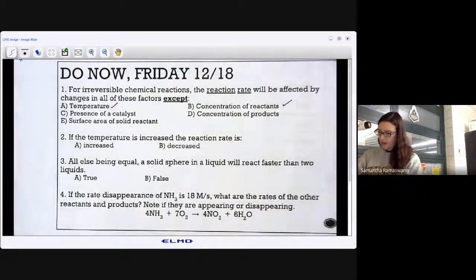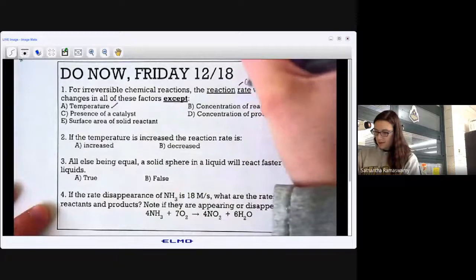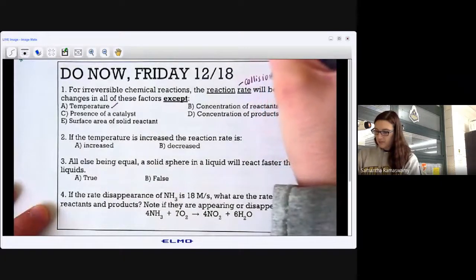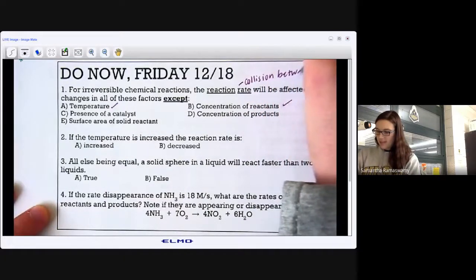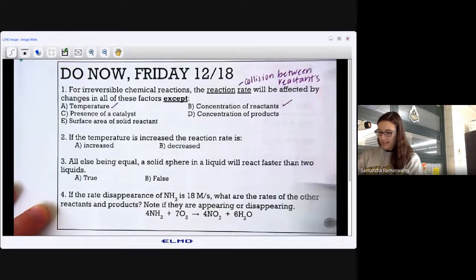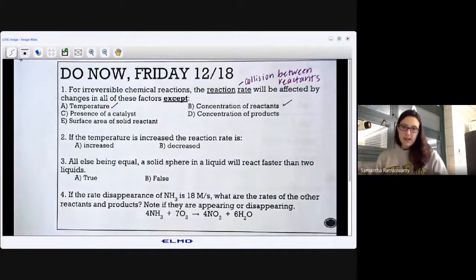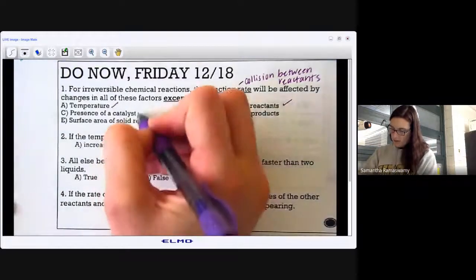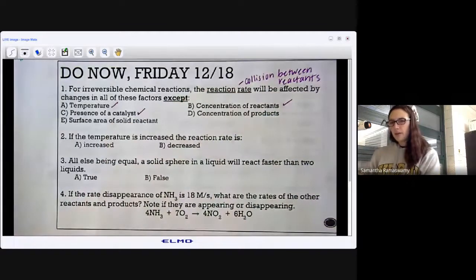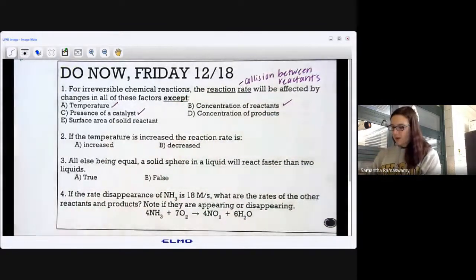Remember, reaction rate is all about collisions between reactants. So concentration of reactants, if that changes, reaction rate changes. We talked about a catalyst. We didn't really talk about products, so we'll come back to that one.